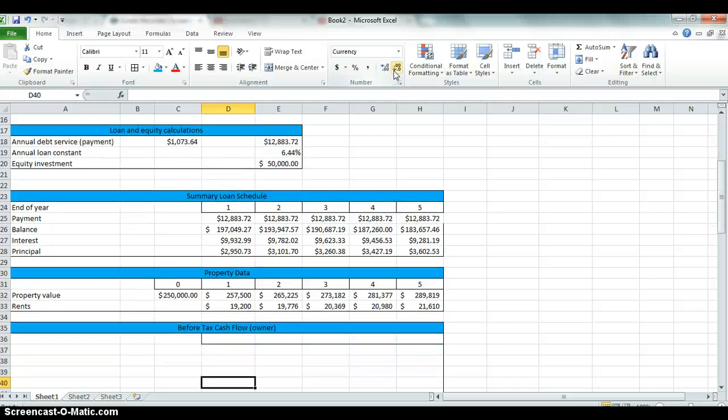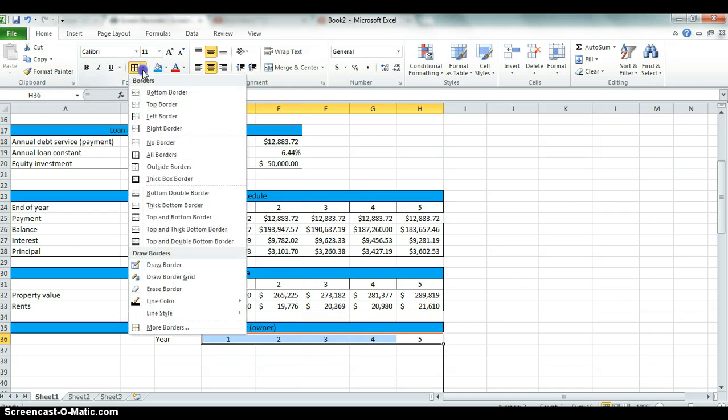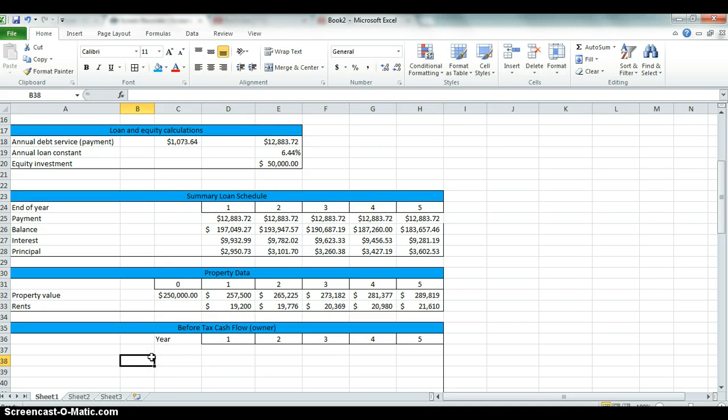For before tax cash flow, we're also gonna do year and then 1, 2, 3, 4, and 5. To change, for example, the formatting of these cells, the borders, we can just go there and do all borders, so now it looks just like the ones in the upper side.